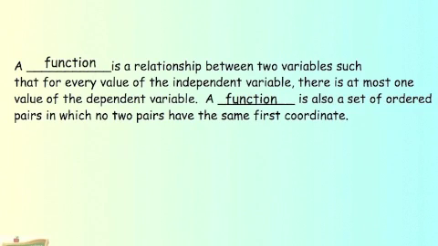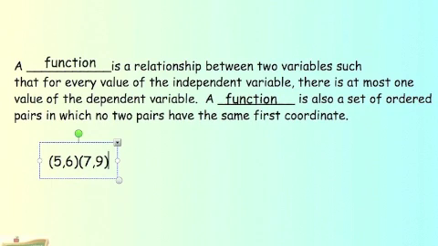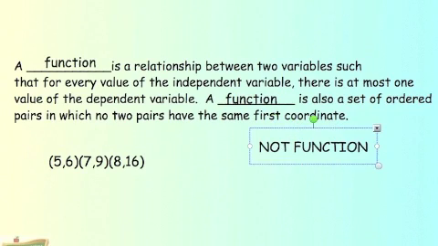If you're given a set of ordered pairs, for example, (5, 6), (7, 9), (8, 16), those 3 points would be considered a function. However, this is not a function right here.